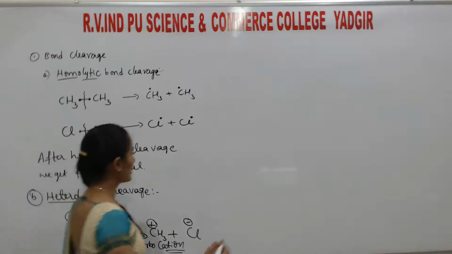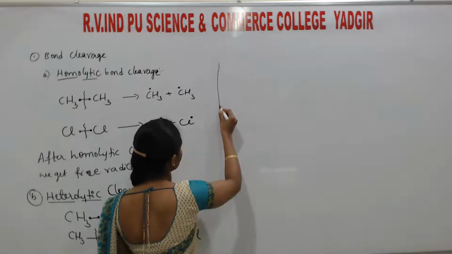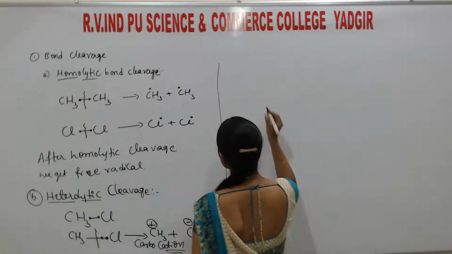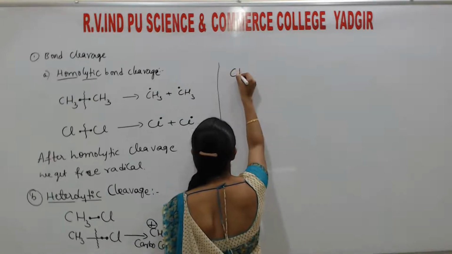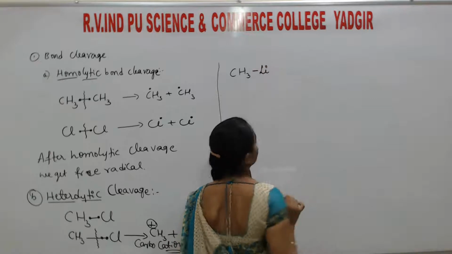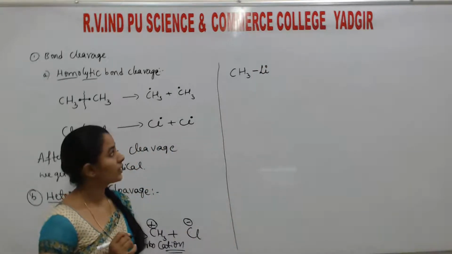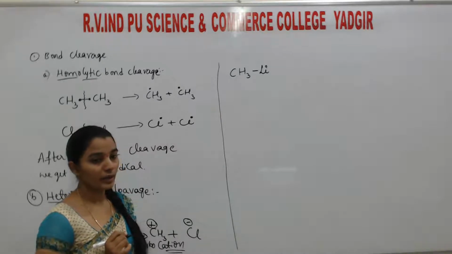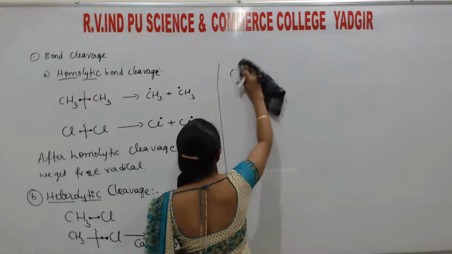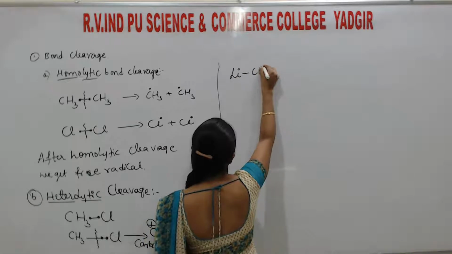Okay, take another example for this same heterolytic cleavage. Take CH3 bond Li, or initially we have Li bond CH3.